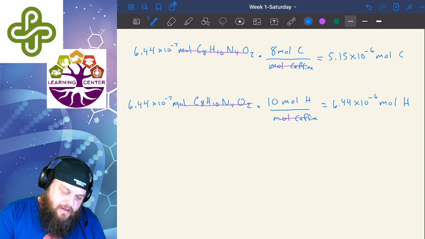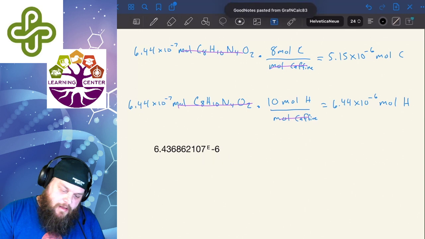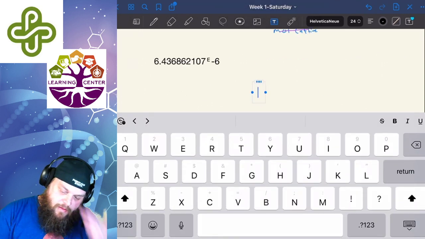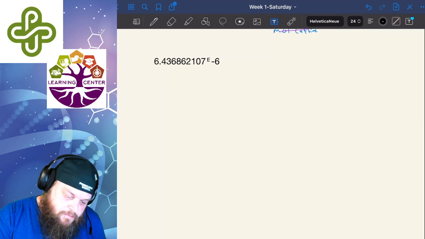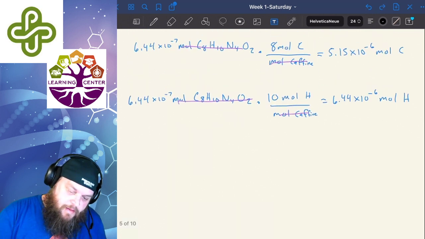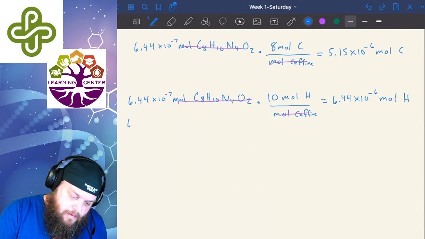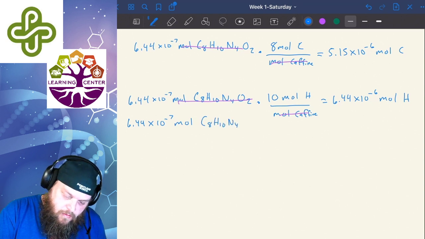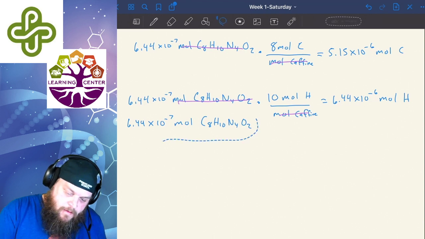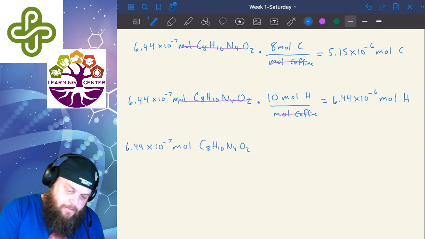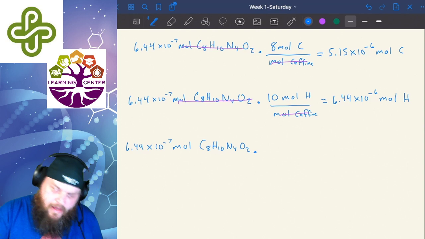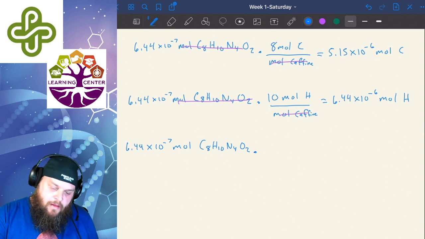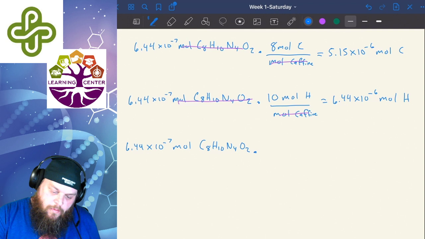Next one is nitrogen. Pasting in. Ooh, that came in as a number. That's weird. Undo. I'll just rewrite it. It's 6.44 times 10 to the negative 7 moles of C8H10N4O2. I'm going to multiply that by the molar ratio of nitrogen.